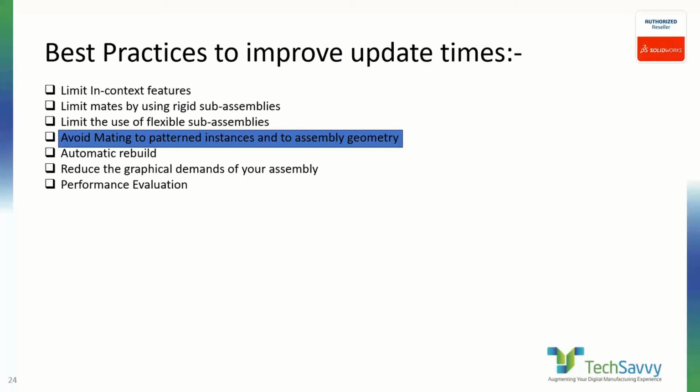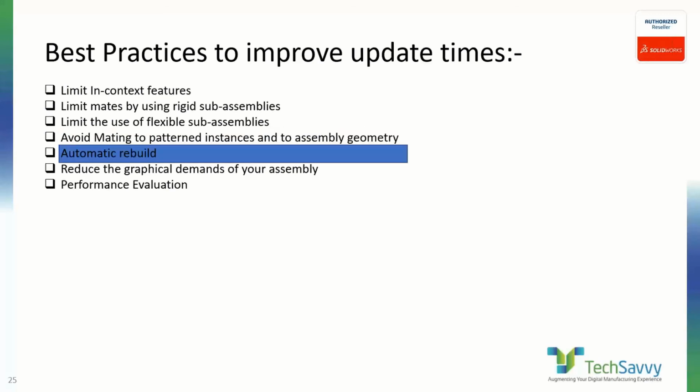Okay, next one is suspend automatic rebuild, meaning skip rebuild after editing components, among other options to improve update time. The suspend automatic rebuild option is available by right clicking on the top level icon in the FeatureManager design tree. It's only applied to in context features. Okay, meaning if you are not going for bottom up assembly, just going for in context features.